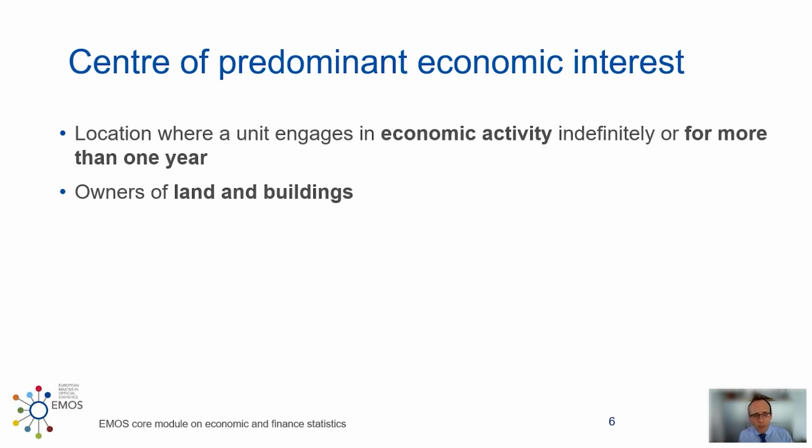For example, when I'm working and living in France, I'm a household unit with my economic interest, of course, in France. But at the same time, I can own, for example, a holiday home in Spain. Then I would at the same time be a unit with economic interest in Spain, but only with reference to activities, transactions that refer to this holiday home.